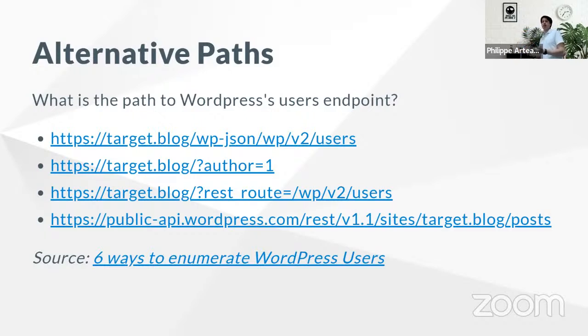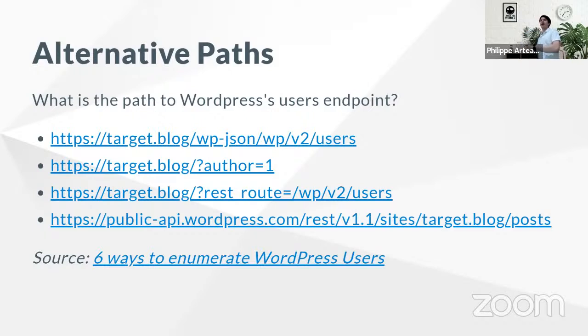Many cloud providers will block some endpoints because they leak too much information about the user, including usernames and emails. They will try to block the first path, ending with wp/v2/users, but often they forget that there are plenty of other ways to get the same information.